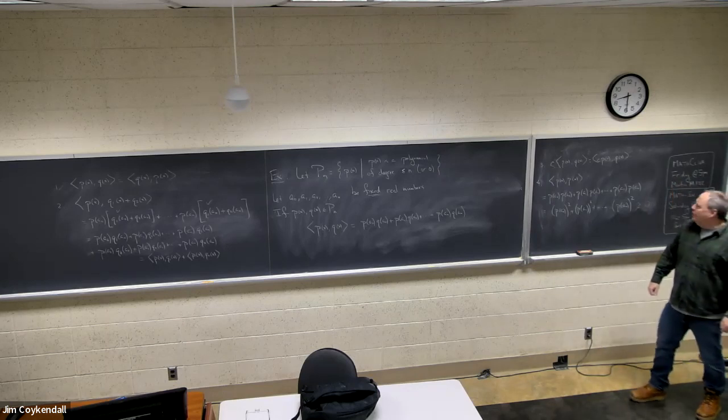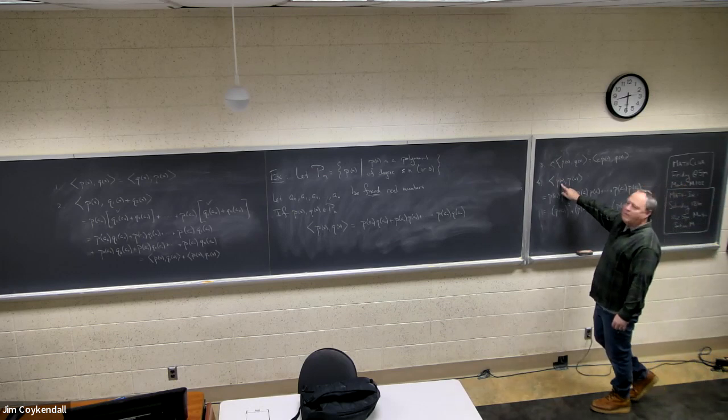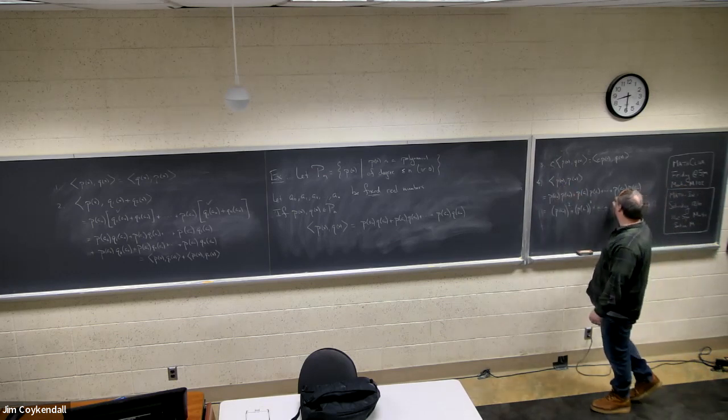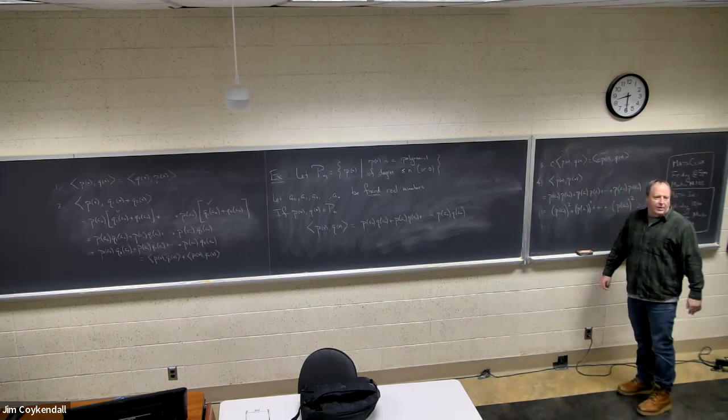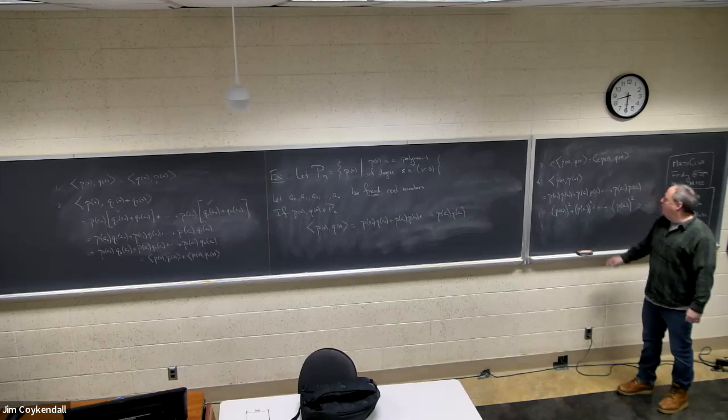It's also true that if P is the 0 vector, that is to say P is the 0 polynomial, when you plug in all these, you get 0. So the inner product of 0 with itself should be 0. But why is it an inner product?